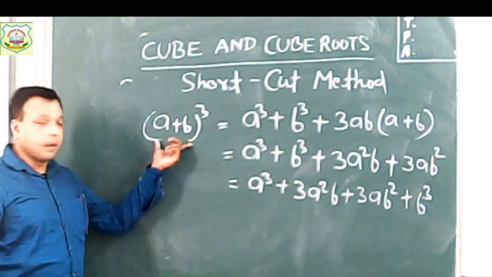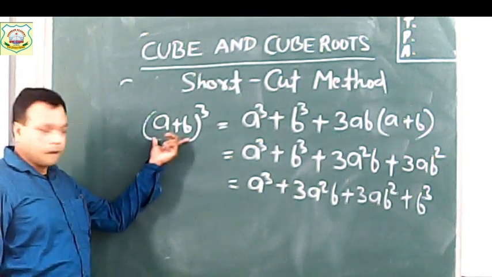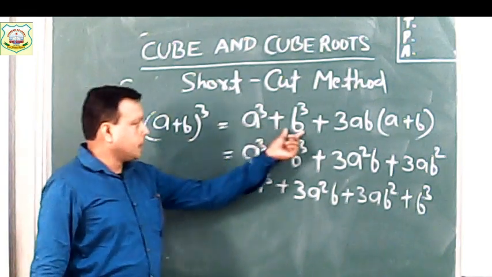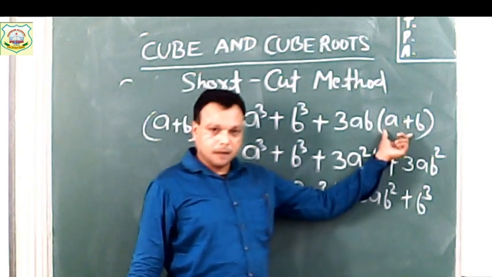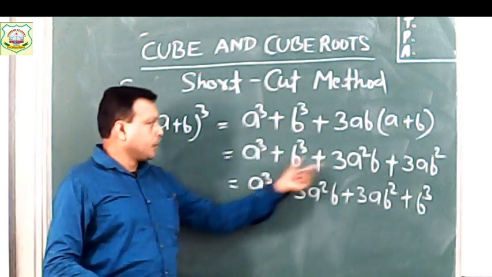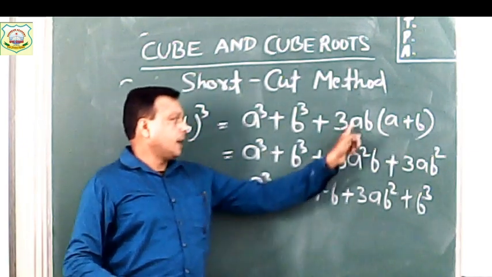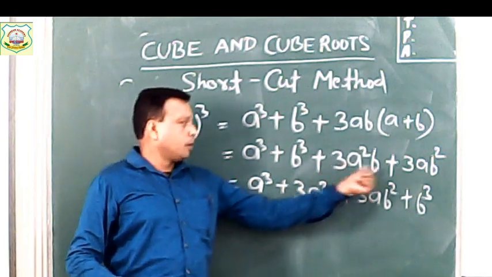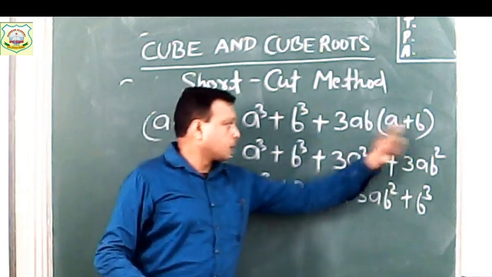Look, a plus b whole cube is the identity. We will manually expand it. A cube plus b cube plus 3ab and in the bracket a plus b. A cube we will write here, b cube, 3ab when multiplied by a, only the variable will match and this will be power 2, other values will be the same, plus similarly for b square and 3.